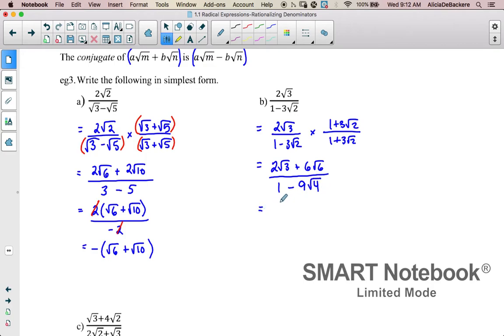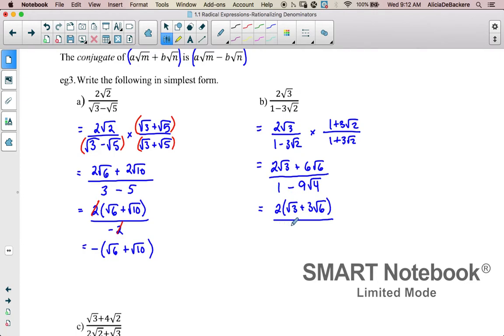And now I'm going to try and simplify this. Again, in the numerator, I've got that common factor of 2. So I'm left with root 3 plus 3 root 6. I can't simplify either of those roots, 3 or 6, so I'm done simplifying that.